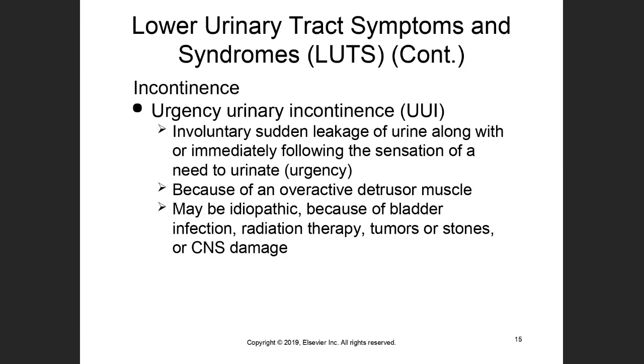It's a problem of the overactive detrusor muscle, because for some reason the detrusor muscle may contract spontaneously, and that spontaneous contraction squeezes the bladder, and then you need to go to the bathroom. So urgent urinary incontinence is an overactive detrusor muscle.